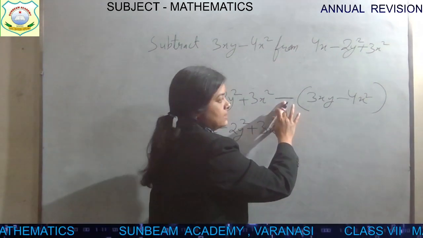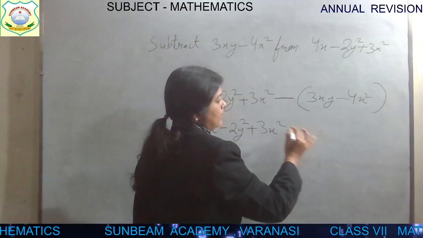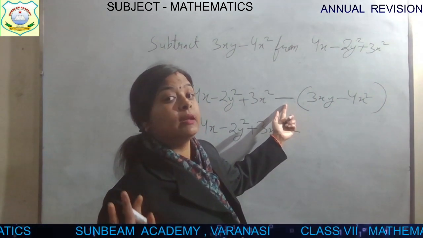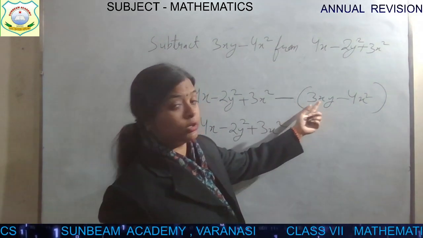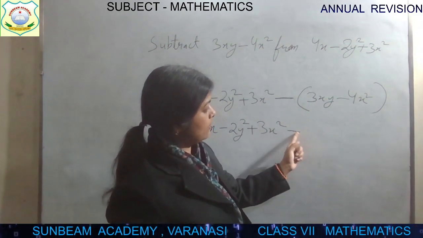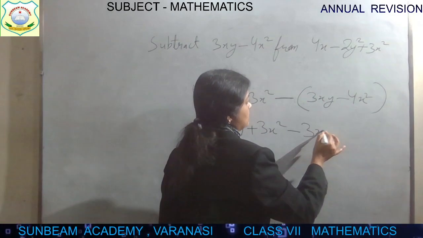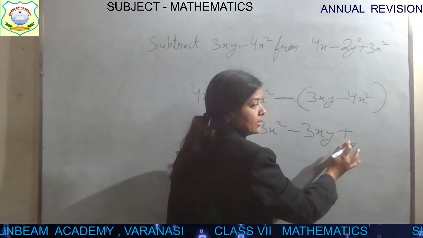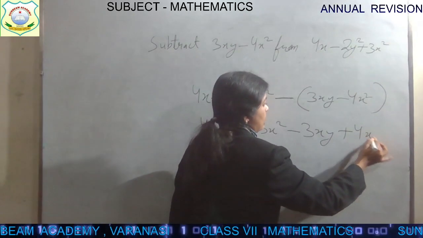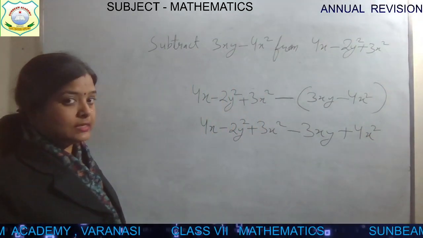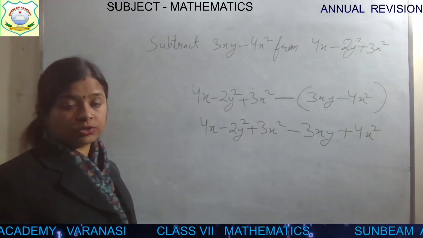Now minus is there, so minus plus will become minus. If before the bracket a minus sign is there, all the signs will get changed. Inside, whatever the terms are there, all the signs get changed. So this is positive, now this will become negative. Minus 3xy. Minus minus will become plus. See, it's minus, now it is plus 4x square. So the bracket is open. Now let's see whether we can do addition or subtraction or not.